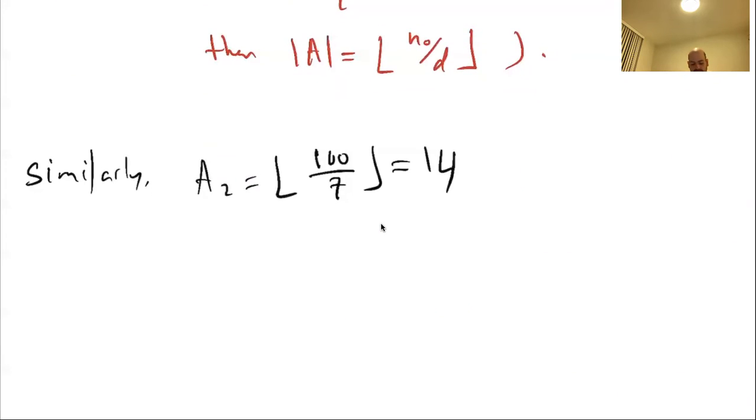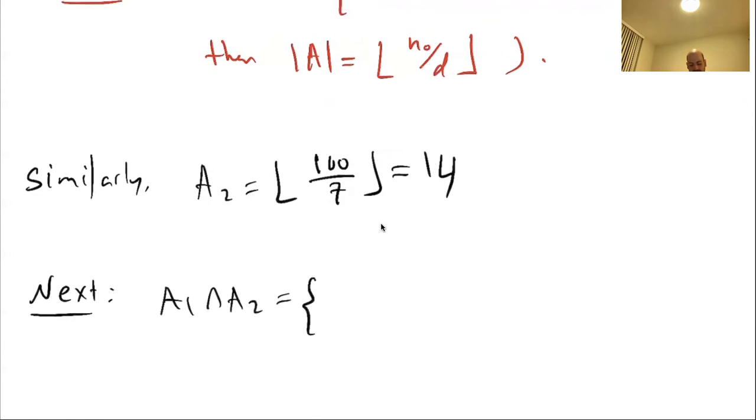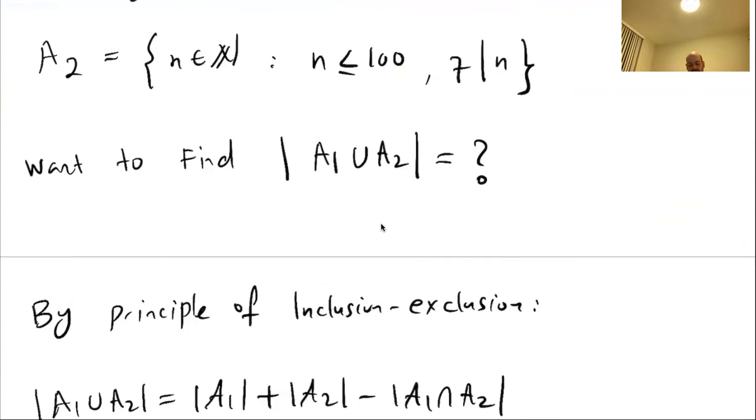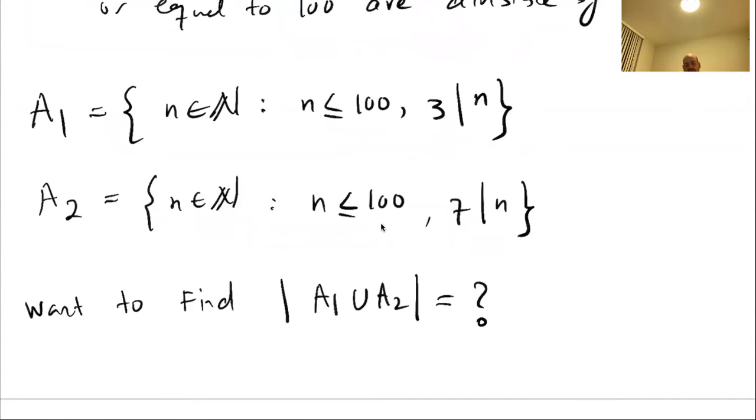And what about A1 intersection A2? A1 is the set of all elements that are less than or equal to 100 divisible by 3. A2 is less than or equal to 100 again, this time divisible by 7. A1 intersection A2 means all common elements between A1 and A2. If a number is in both A1 and A2, that number is both divisible by 3 and 7.